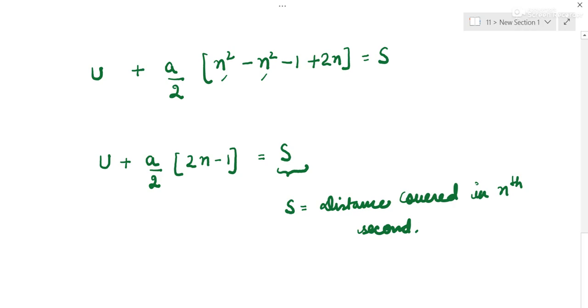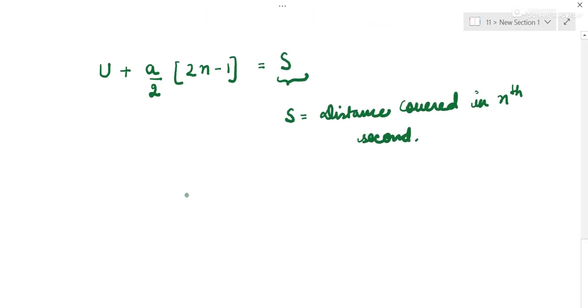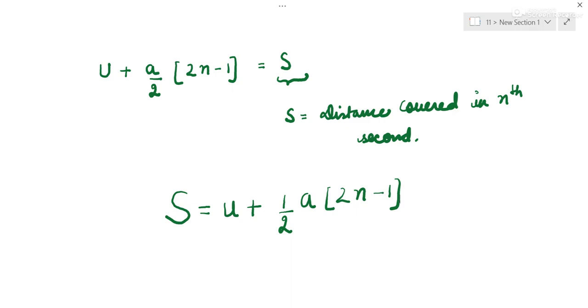So now we know that the fourth equation of motion is s equals u, that is initial velocity, plus half a, acceleration, into 2n minus 1, where n is the number of the second. So we'll see some examples based upon this.